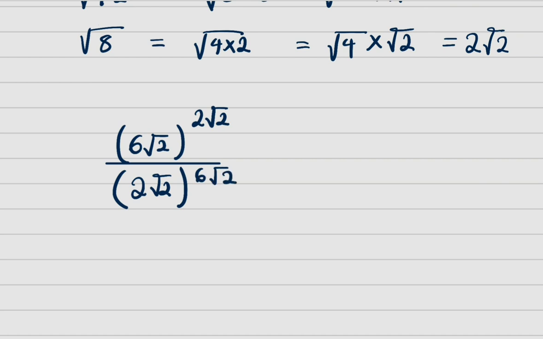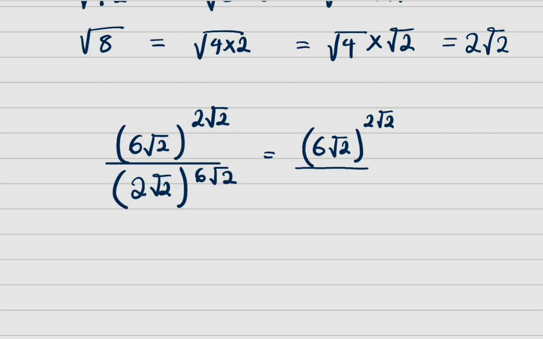Now the next thing to do is to check. Look at the powers. Can I do something about the powers? Yes, I can do something about the powers. And what should I do? This is what I can do. Do you know that this is going to be 6 root 2 all raised to power 2 root 2?